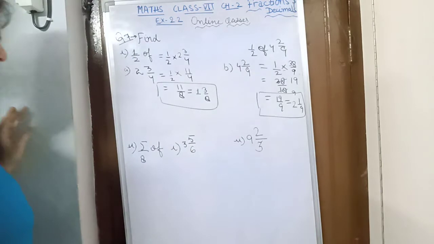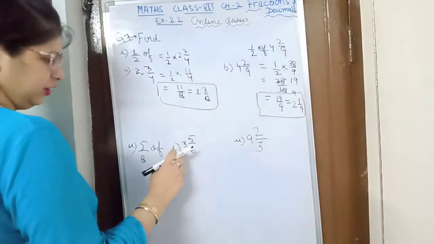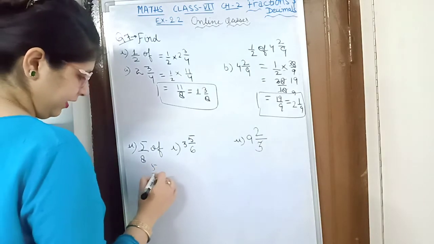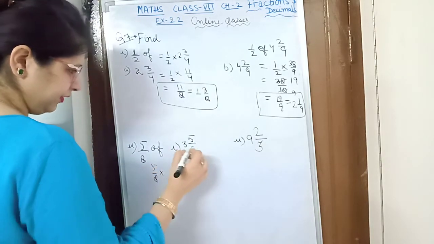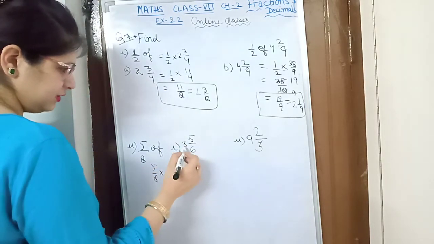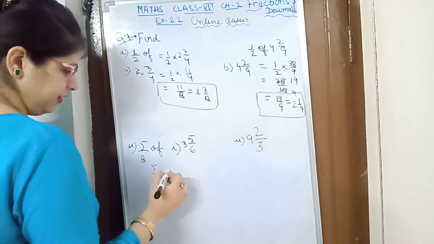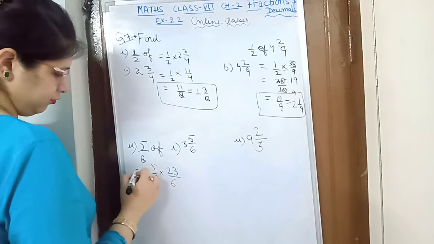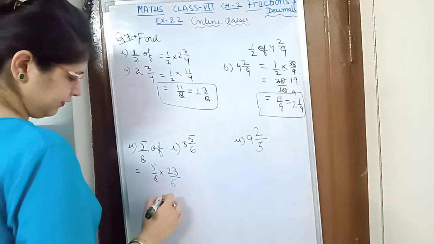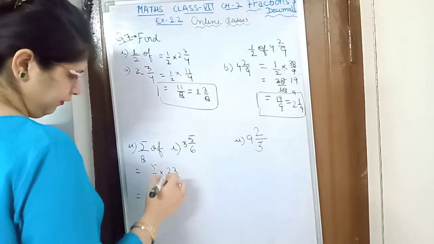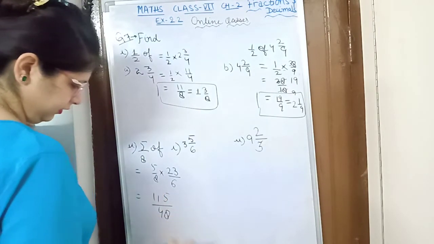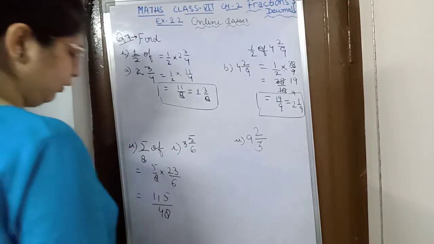Now the second part is 5 by 8 of 3 5 by 6 and 5 by 8 of 9 2 by 3. 5 by 8 of means multiply, 3 5 by 6 is 6 3s are 18 plus 5 is 23 upon 6. So 5 into 23 is 5 3s are 15, 5 2s are 10 plus 1 is 11, and 8 6s are 48. Now it can be converted into mixed fraction.